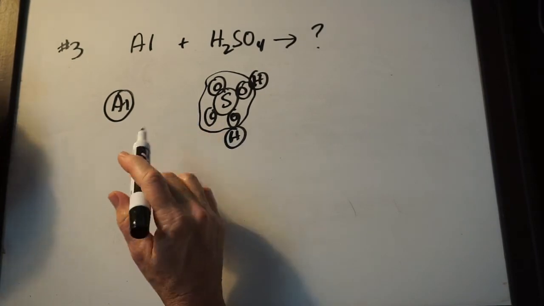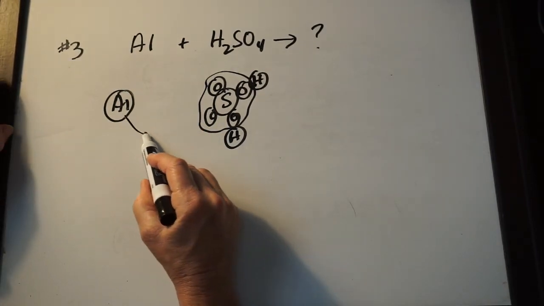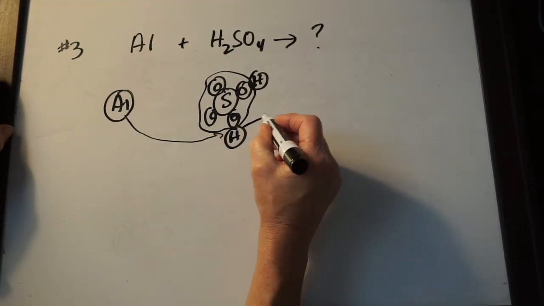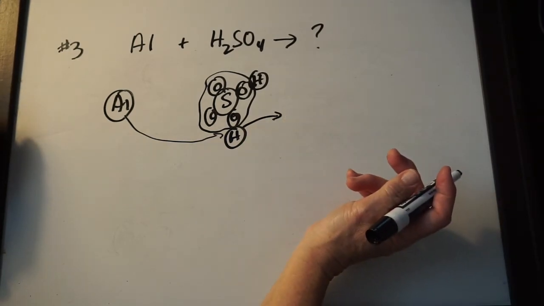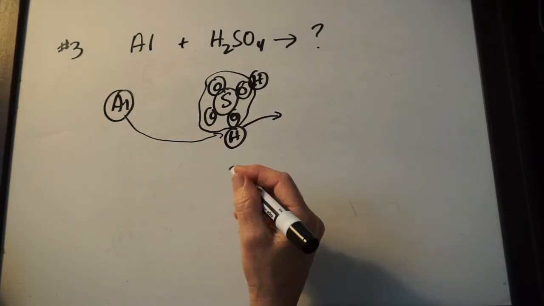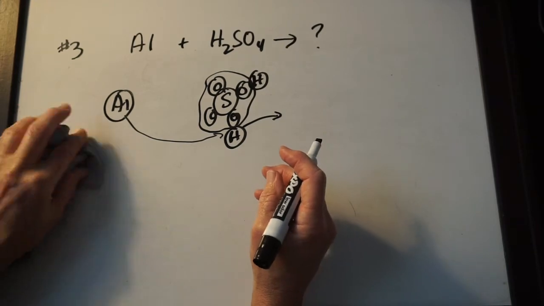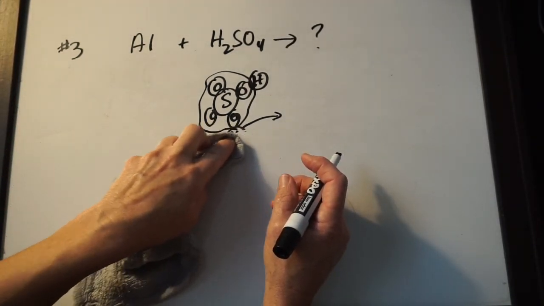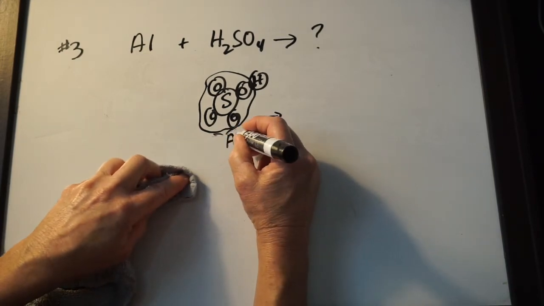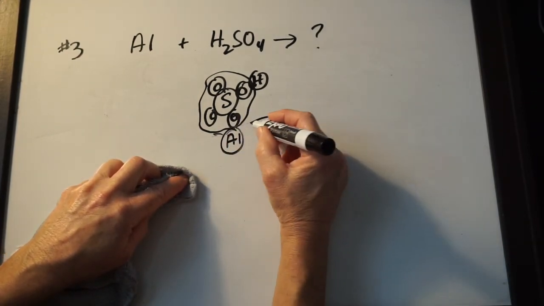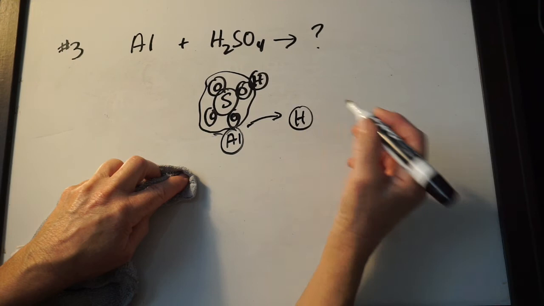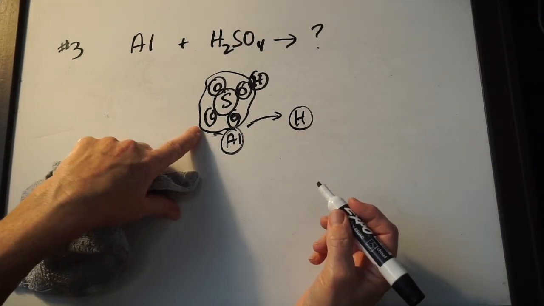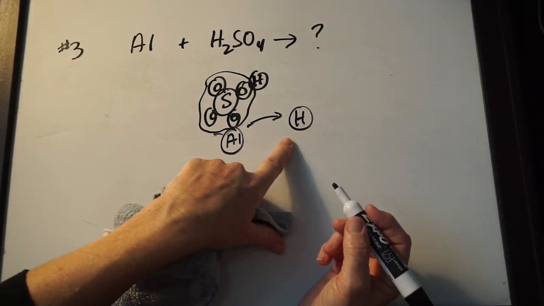So because aluminum is above hydrogen in that activity series, it's actually going to bump out hydrogen. And so the next picture, I can use this with the whiteboard. This is what's great about this, is you're actually going to see aluminum is going to bond to the sulfate, and hydrogen gets kicked out.